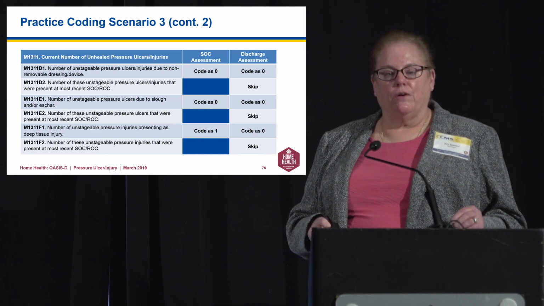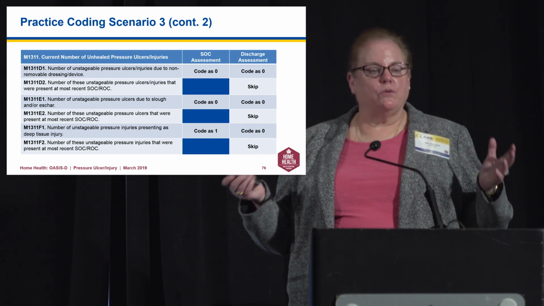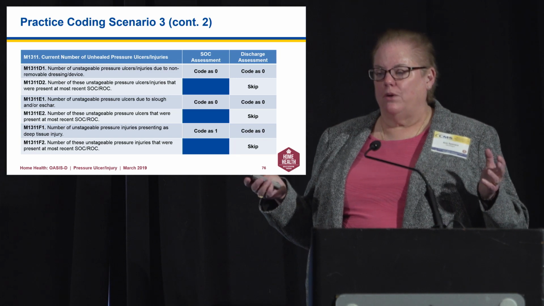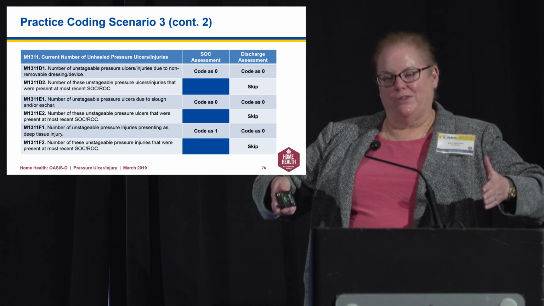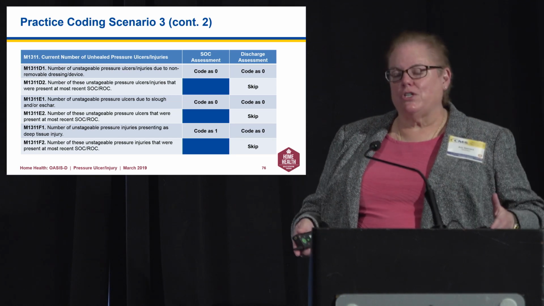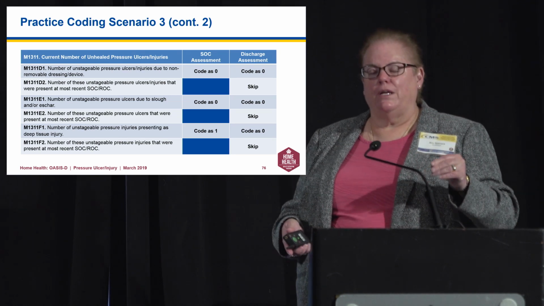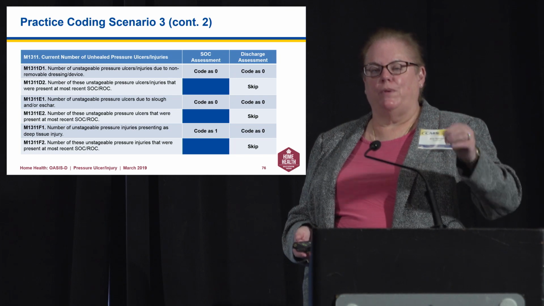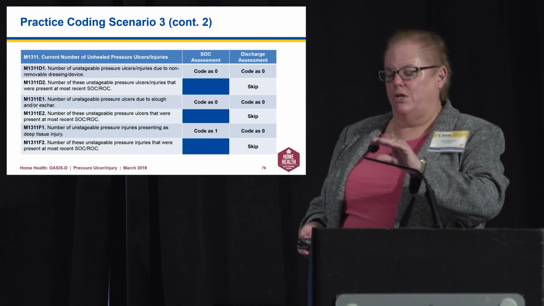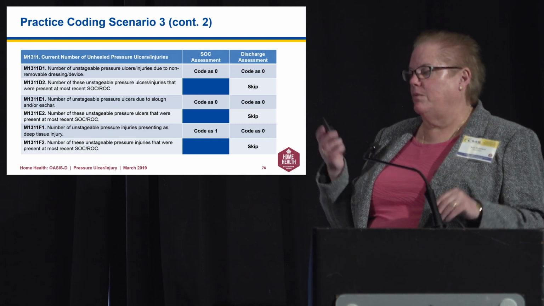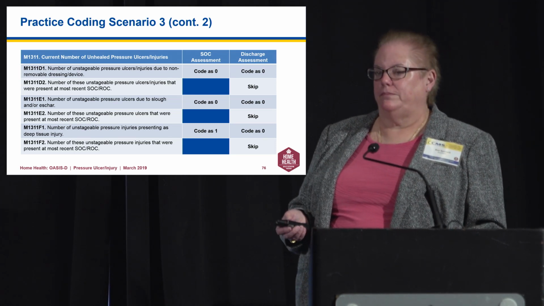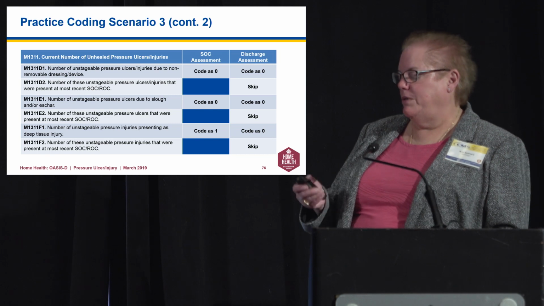So the issue here is people will say, well, wait a minute, you didn't code the stage 3. Well, we're looking at 2 points in time, the initial skin assessment and discharge. So in that situation, that stage 3, okay, we know that was the first numerical stage, and then it got worse. So if it had stayed at stage 3, it would have been present upon admission, and it would have been present on discharge. Does that make sense? Okay, it's because it got worse.